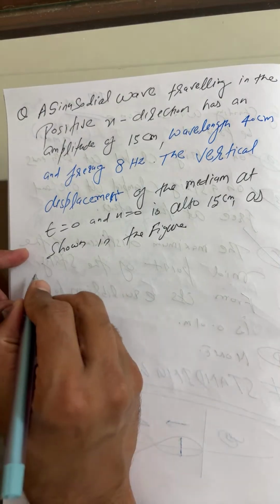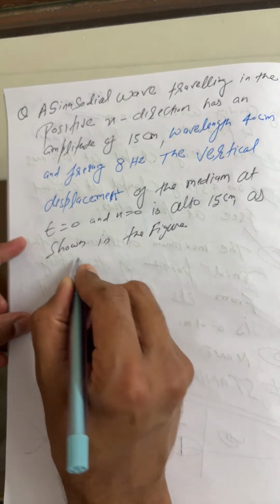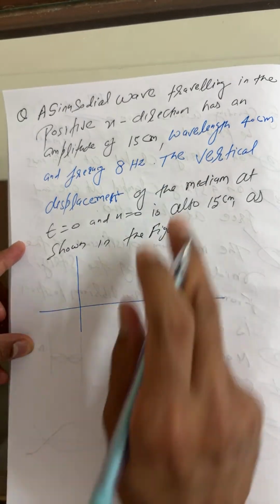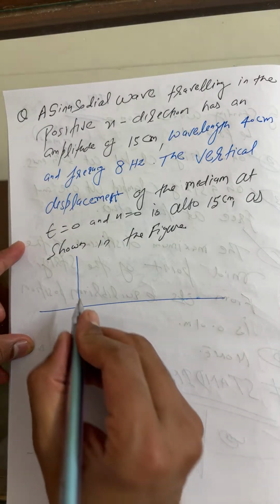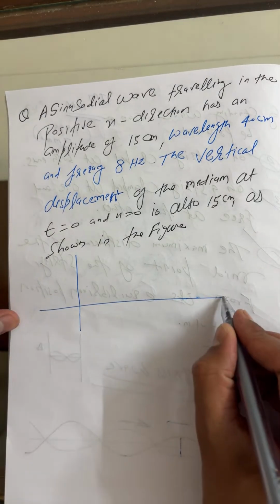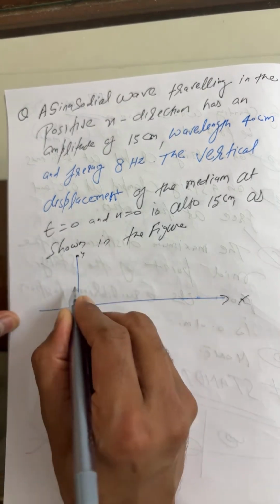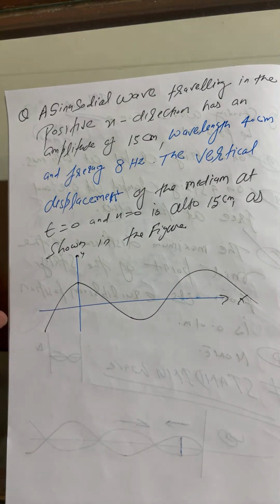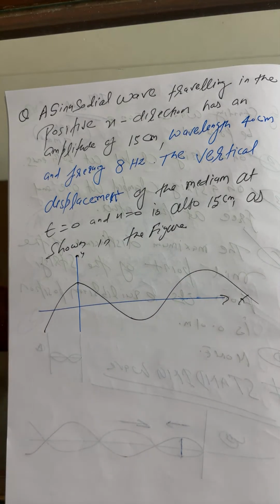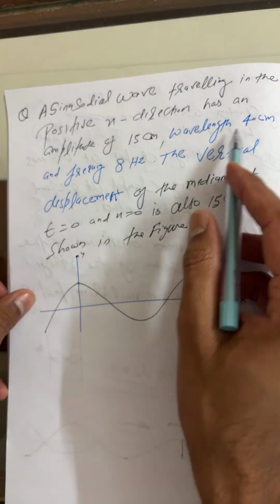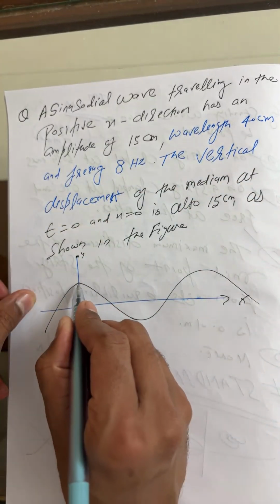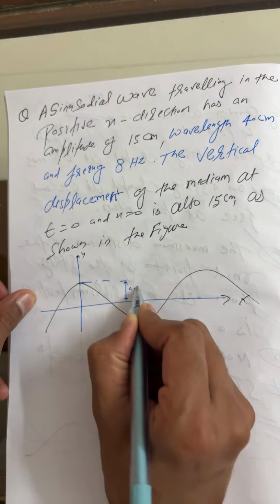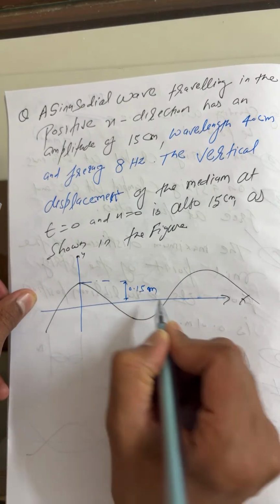Now I'm going to plot a diagram here for these questions. This diagram will support you to understand these questions in a better way for further solution. You can take this as the x-axis, this as the y-axis. The graph starts from here. This distance is the amplitude, 50 centimeter, mentioned in the question, 0.15 meter.